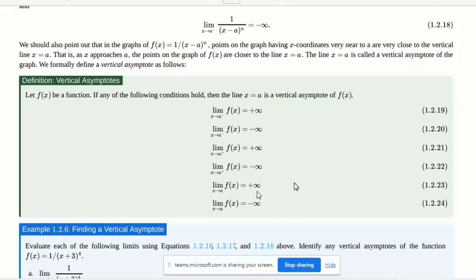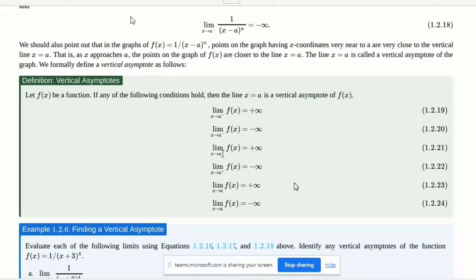Now, the limit as x approaches a from the right is equal to negative infinity. I'll go one step up, then we'll be able to clarify this.